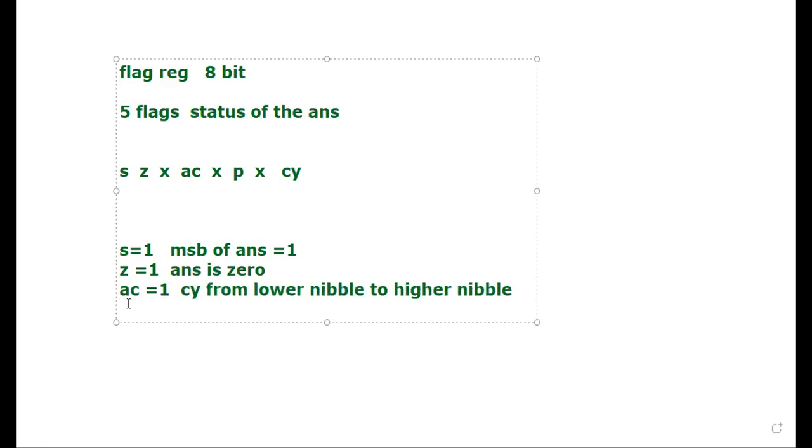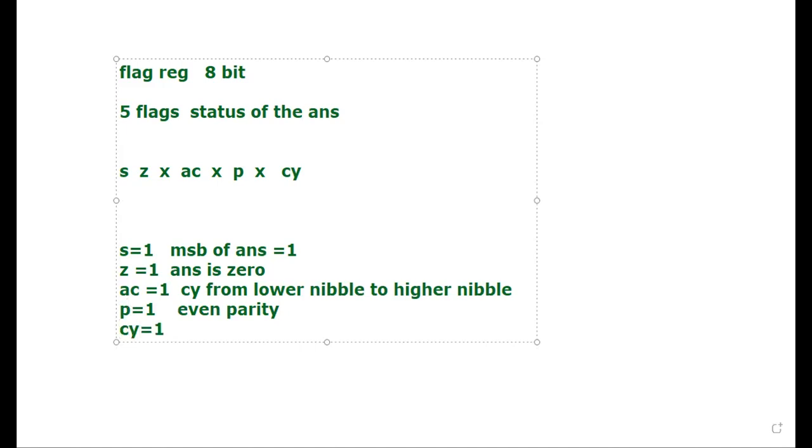Parity flag will be 1 if even parity. Even parity means the number of ones in the answer is even. In the 8-bit answer, you count the number of ones. If it is even, then it is called even parity. If even parity, the parity flag is 1. For odd parity, the parity flag is 0.